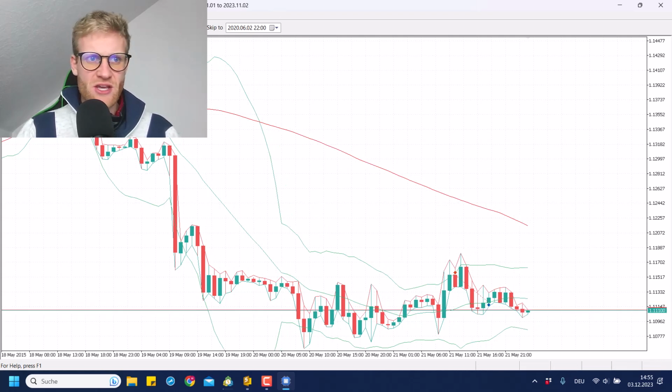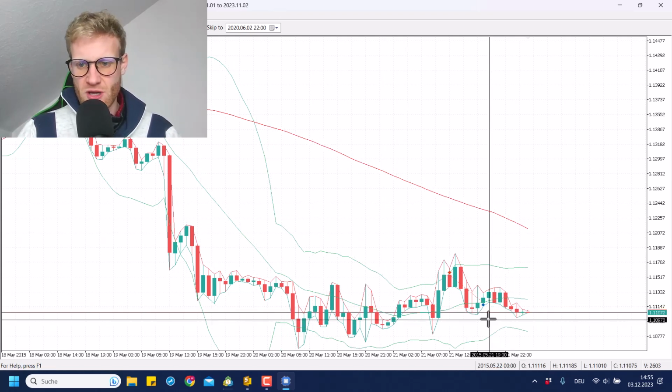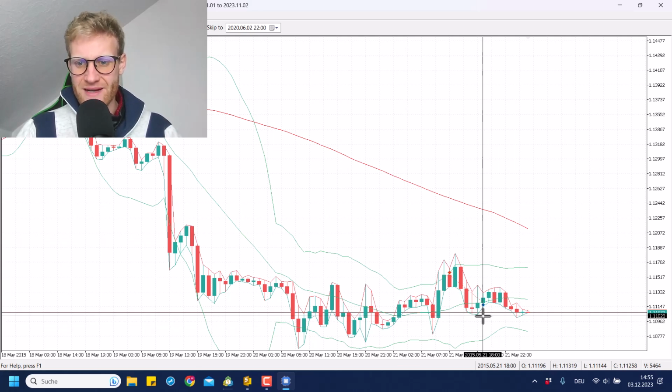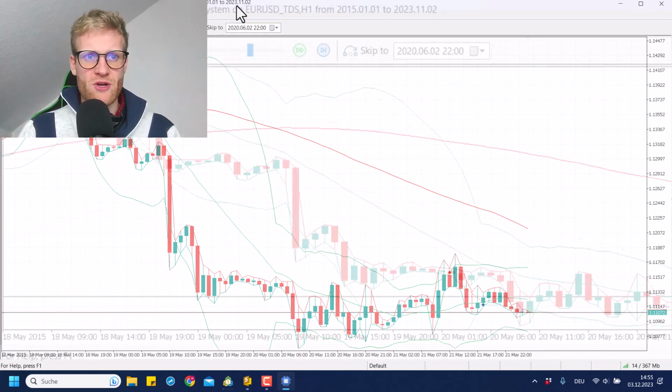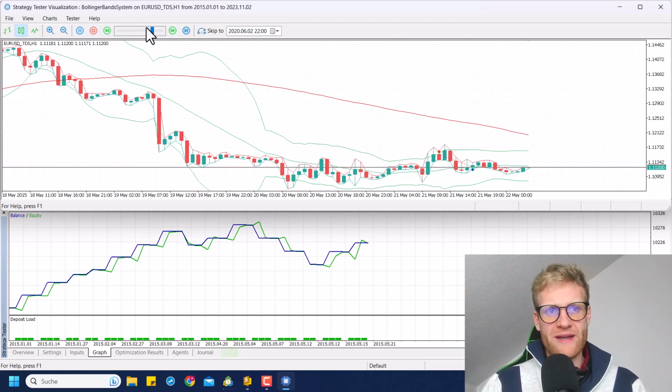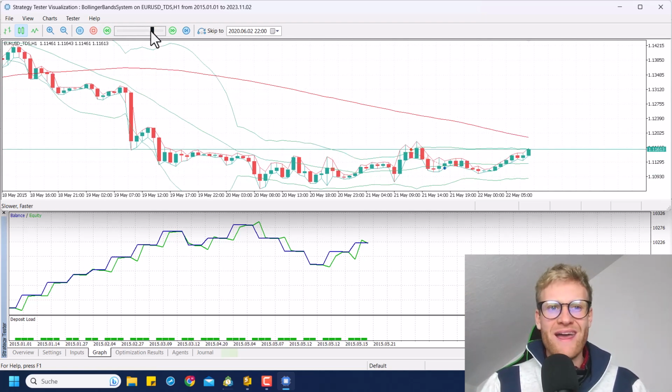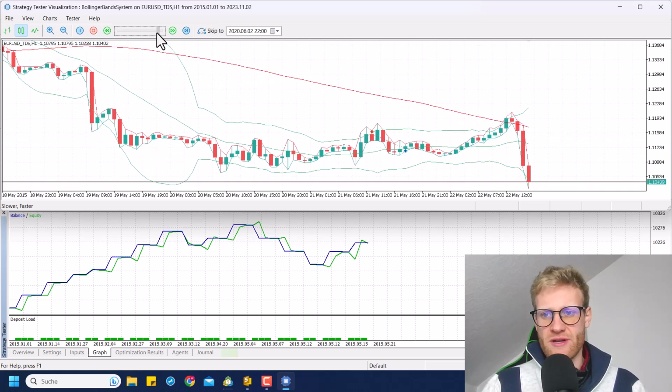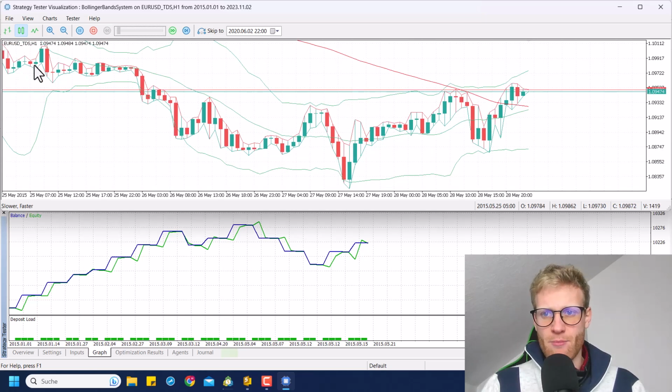So you can see here, actually, this trade was not closed in TP or SL, but instead it was closed at 18 o'clock, as I explained before, because this is the time filter. So we only open between 8 and 18 o'clock. And if there are trades open at 18 o'clock, we will just close them at whatever price we are currently at. So let's have a look at some more trades maybe.